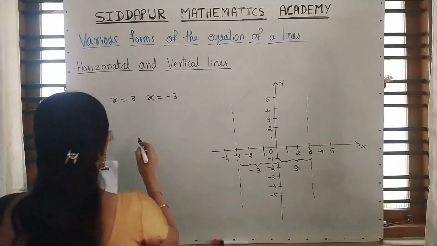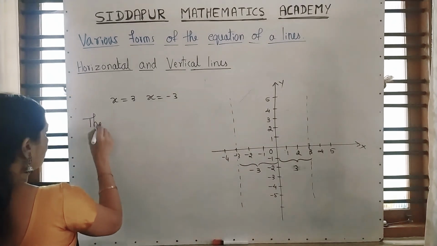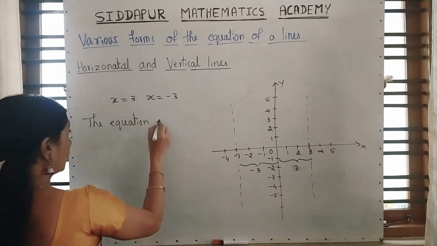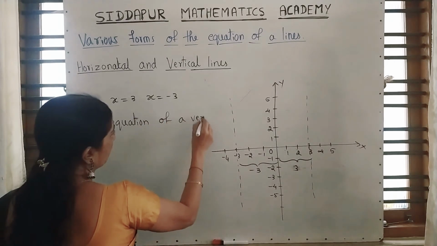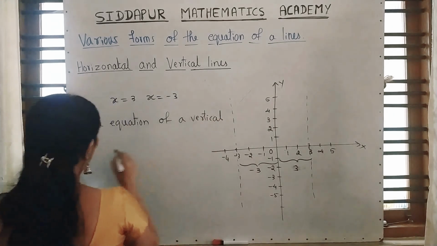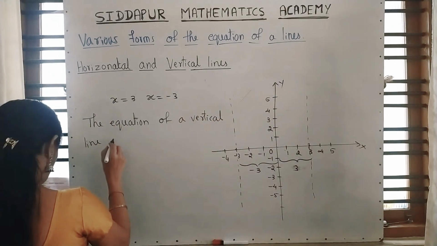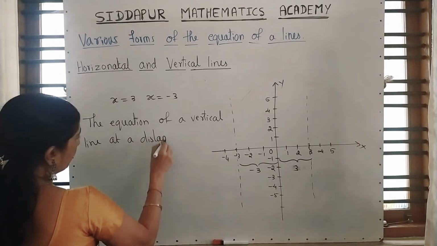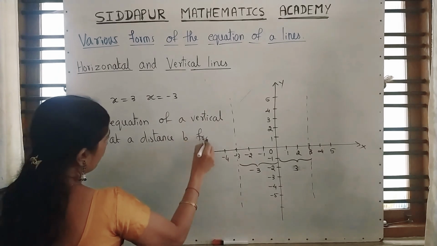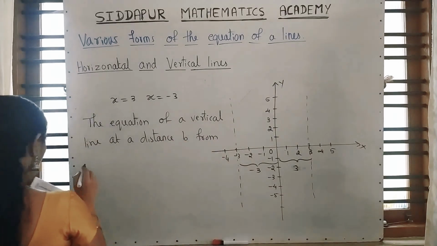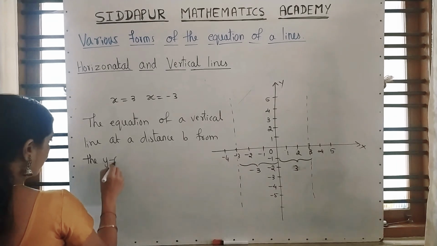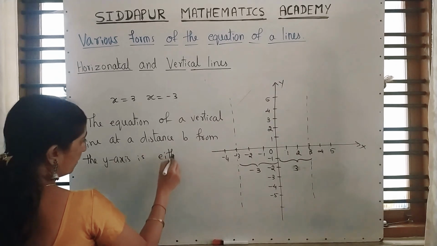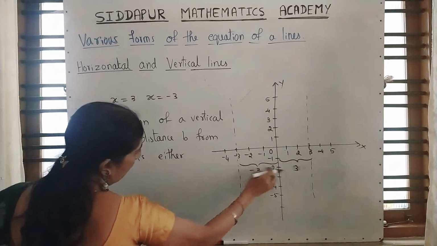Suppose in general we will write like this. The equation of a vertical line at a distance b from the y-axis is either, see, from the y-axis it is minus 3 and it is 3.